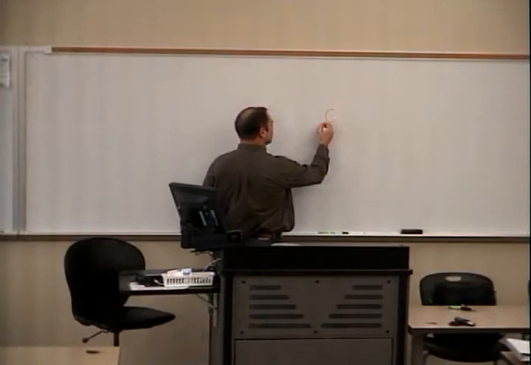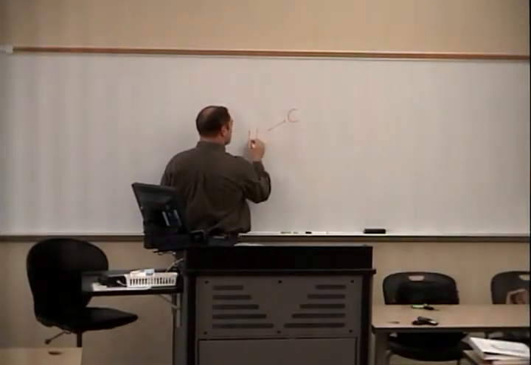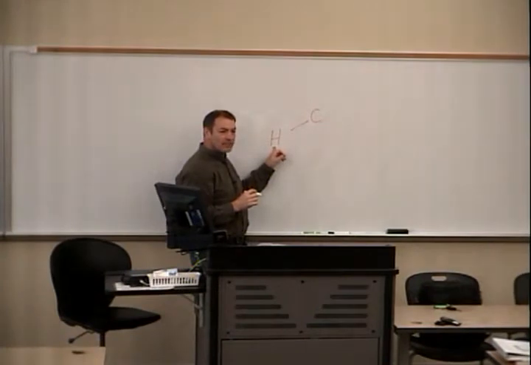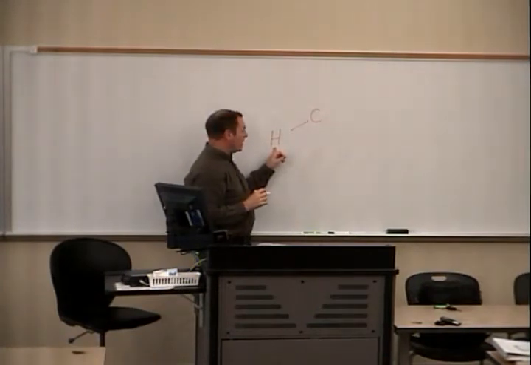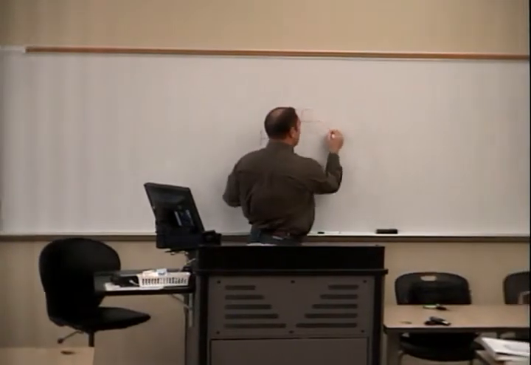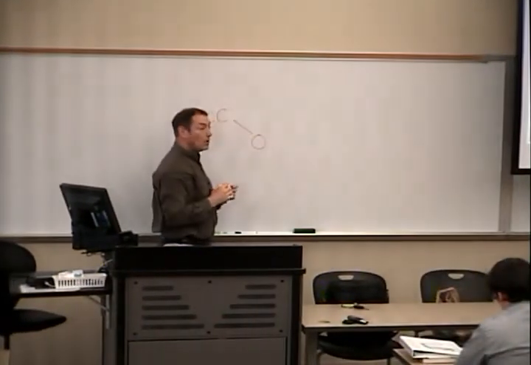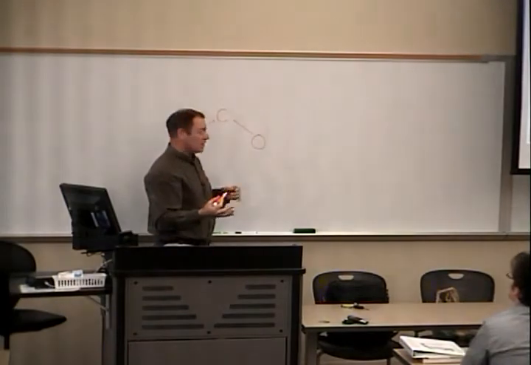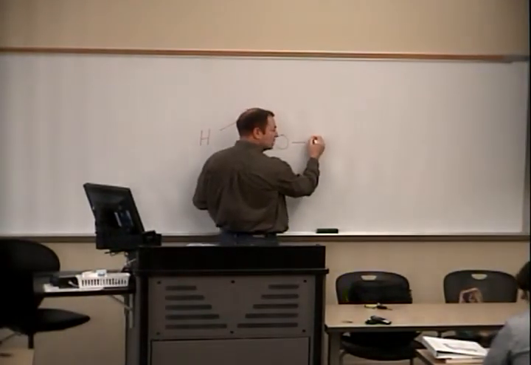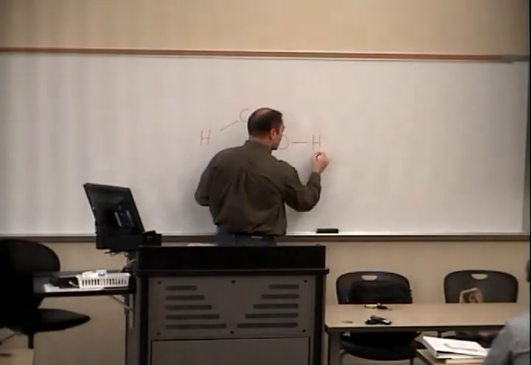So we've got a carbon atom that is bonded to an H, which stands for hydrogen, a hydrogen atom. And then we've got a carbon which is bonded to an O for oxygen. All right. And that O for oxygen is bonded to an H for hydrogen.